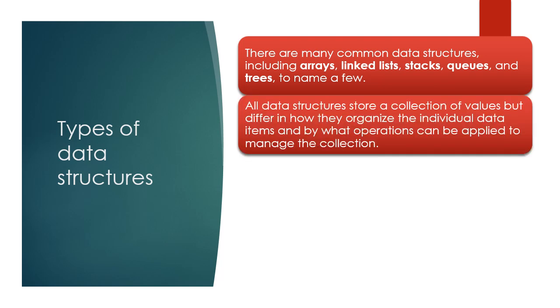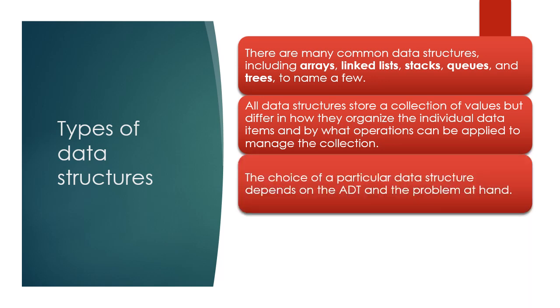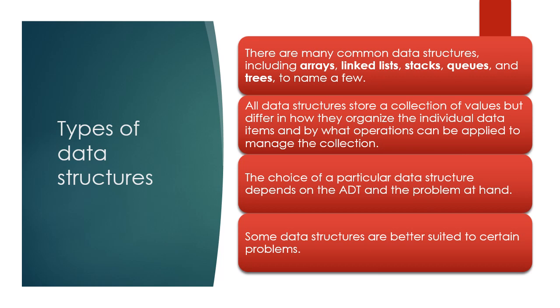All data structures store a collection of values but differ in how they organize the individual data and by what operations can be applied to manage the collection. The choice of a particular data structure depends on the ADT and the problem at hand. Some data structures are better suited to certain problems.